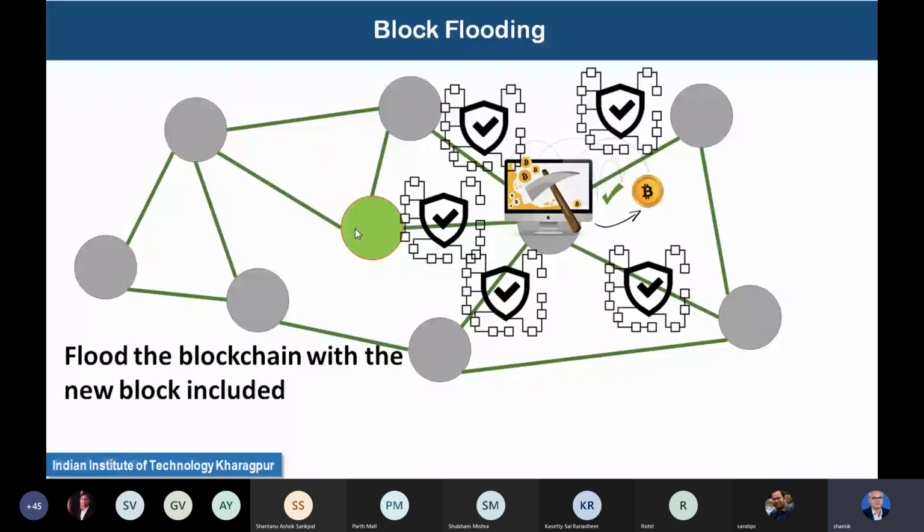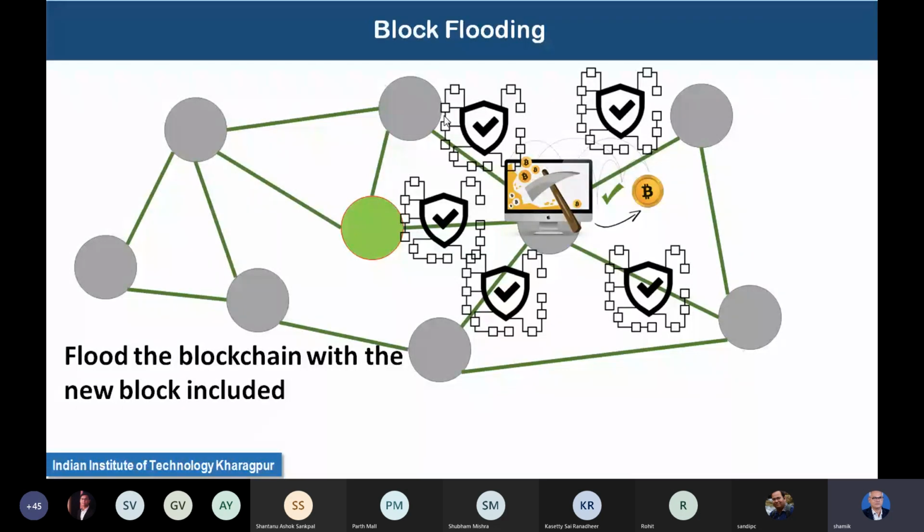Now while mining, of course, the miner has this list of validated transactions in his transaction pool, and when these go into the block, the blocks are then flooded. When it goes to these peers, they can also check whether this is a valid block or not, because you have seen that we have carried out that simple exercise of how to check whether that block hash is correct or not.